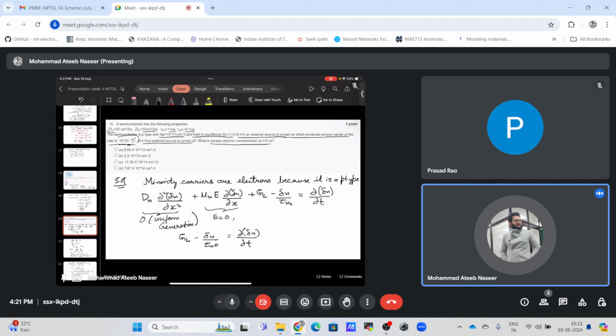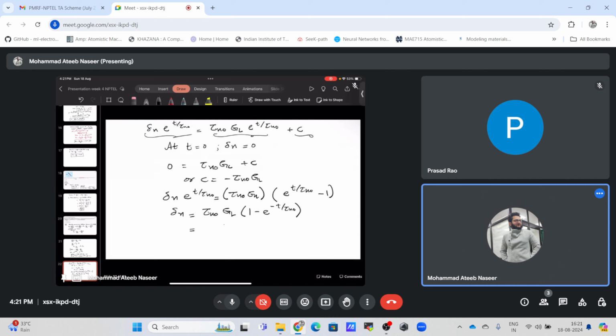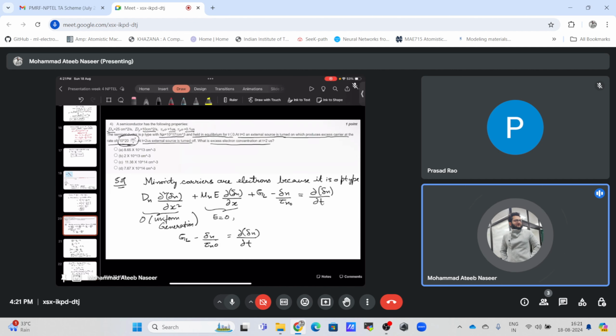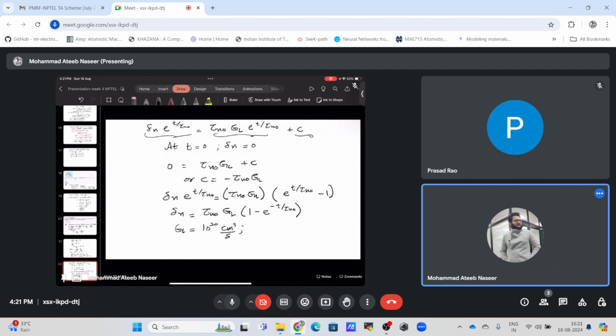GL is 10 to the power of 20 centimeter cube per second. Tau n naught is the lifetime for these electrons, and it is 1 microsecond.